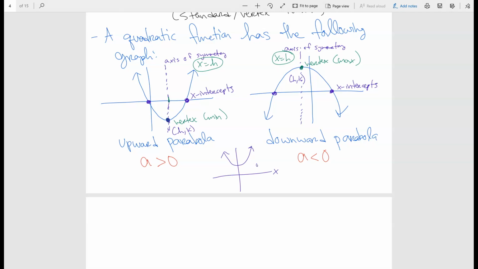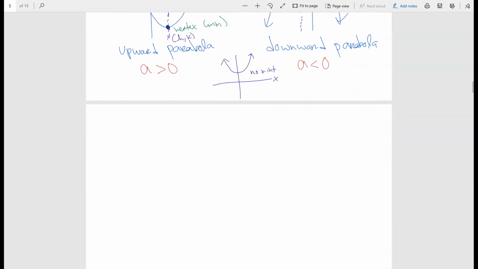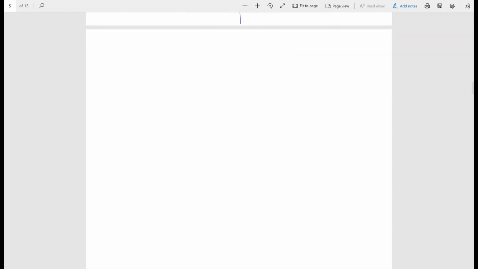So this one will have no x-intercepts. Okay, so that can occur. Just a couple of things about these parabolas. Now let's remind ourselves of how to graph a parabola. So let's say you want to graph the following.